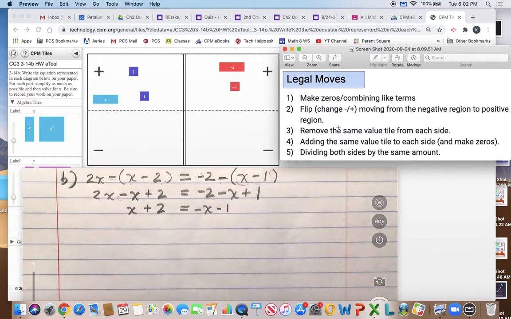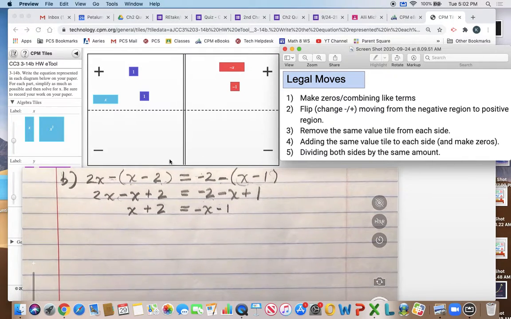Okay, so we already flipped. I don't see any same value tiles on each side. So if we want to get the x by itself, we're going to have to remove some tiles.